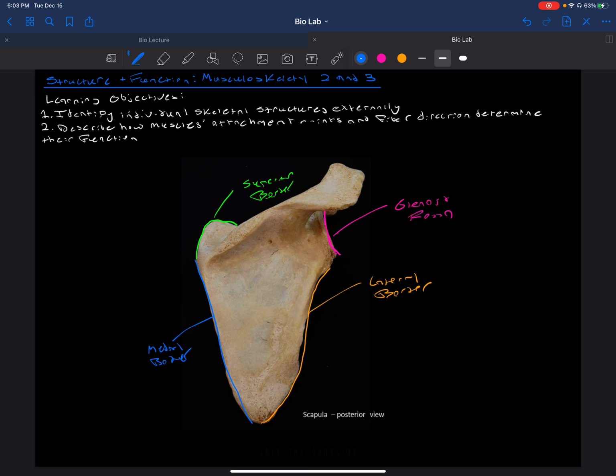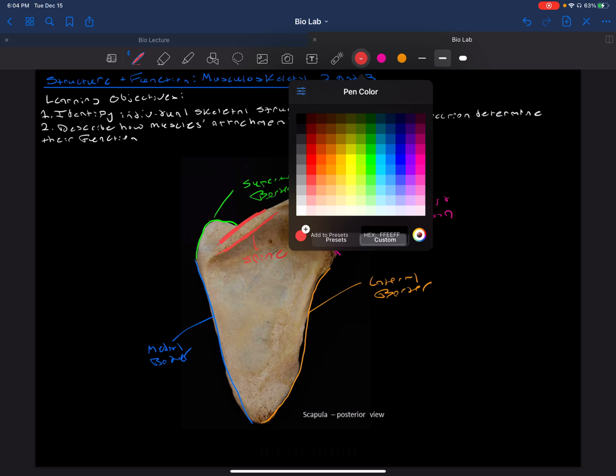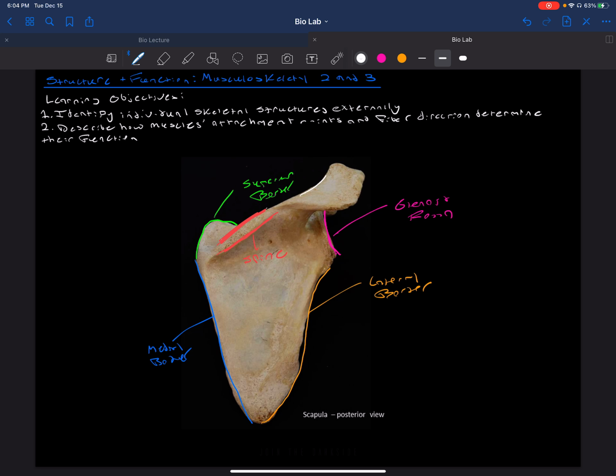So also right under the superior border is the spine of the scapula. So that's in that kind of pink color. And the spine leads to the acromion process, which is going to be outlined in white.